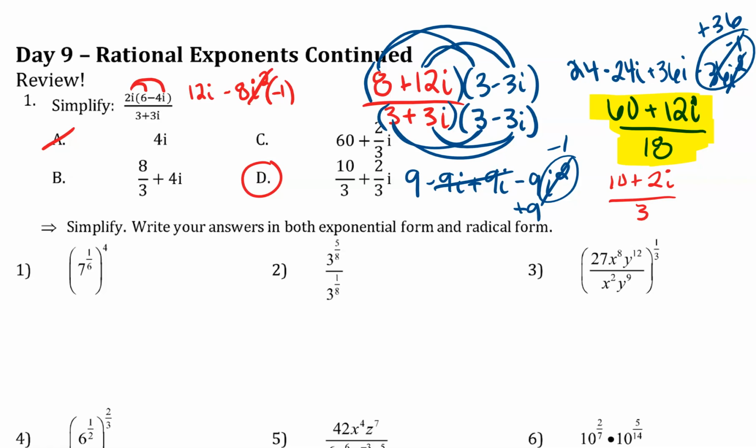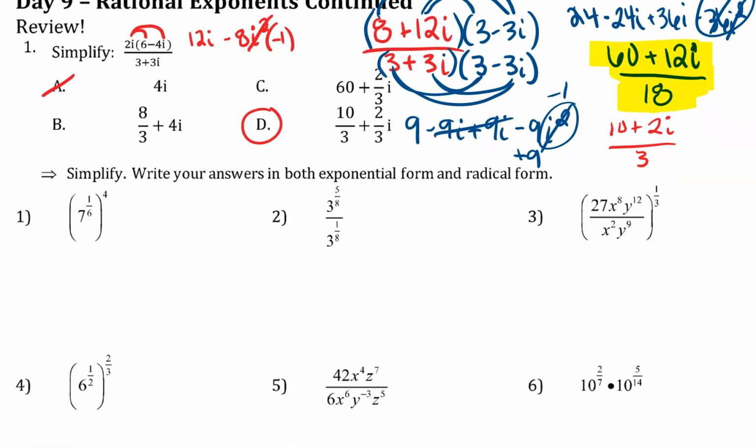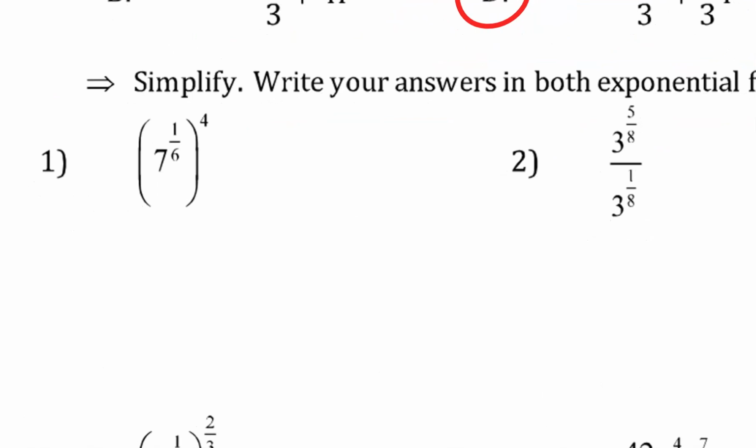All right, so let's move on to the next problems. Simplify, write your answers in both exponential form and radical form. So first thing we're going to do is just perform the indicated operation. So this is power to a power, which means I need to multiply the exponents. I turn this into 4 over 1.